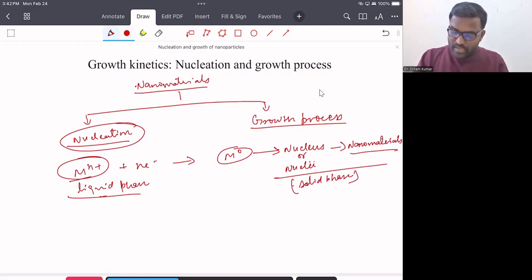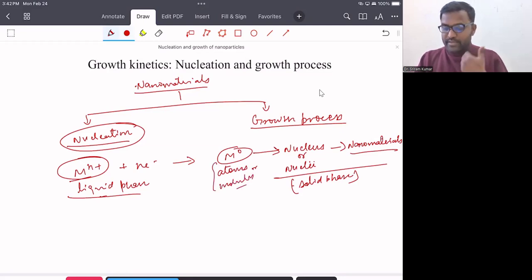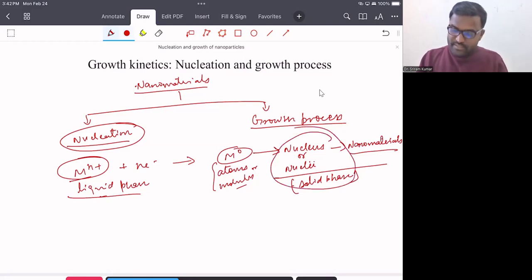Here we have atoms or molecules, depending on the kind of system we use, and they undergo the nucleation process and nanomaterial synthesis. So if we need to understand this process, we need to understand nuclei or nucleation formation.